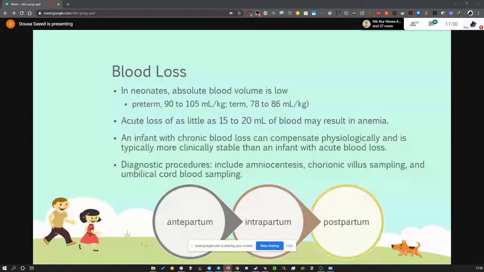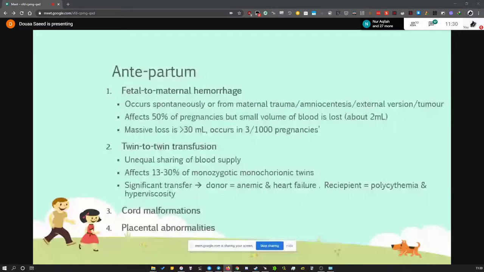So we will start with antepartum. The causes for this blood loss include fetal-maternal hemorrhage. This usually occurs spontaneously or can result from maternal trauma, amniocentesis, external version, or tumors arising in the placenta.